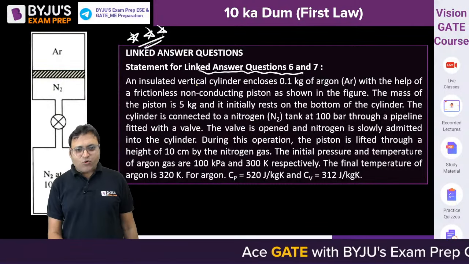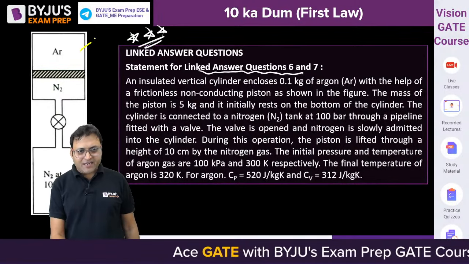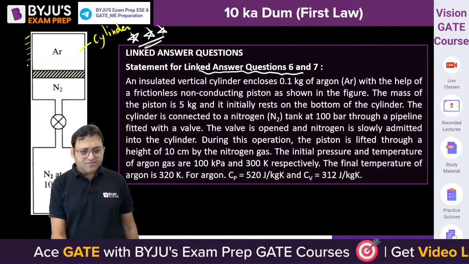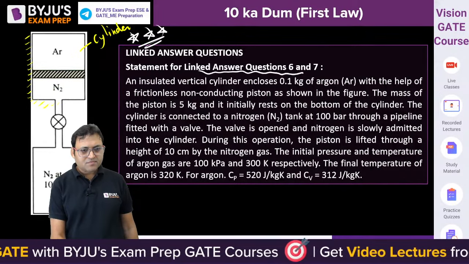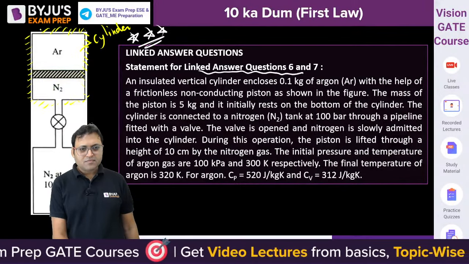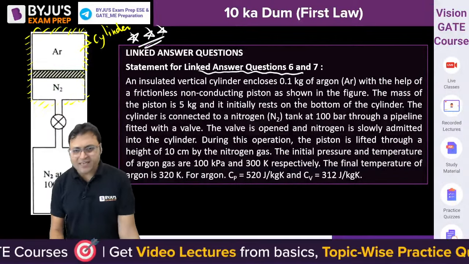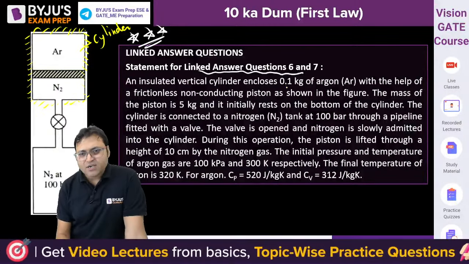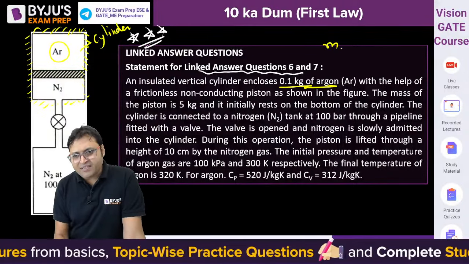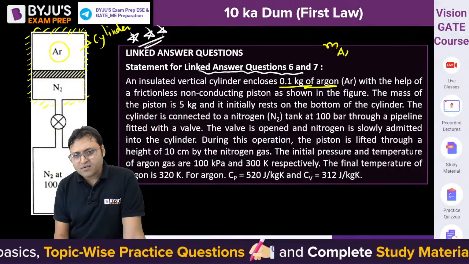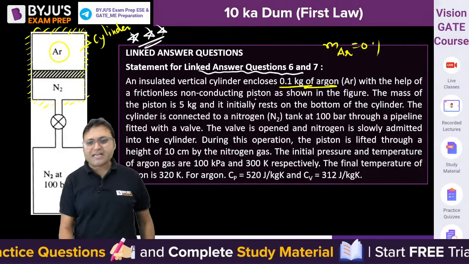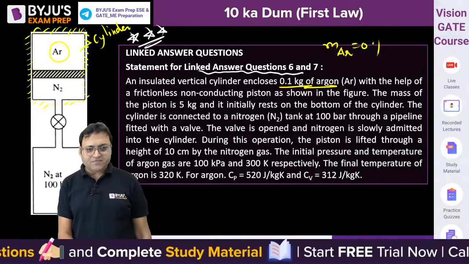An insulated vertical cylinder. This is the cylinder, and this is insulated. An insulated vertical cylinder encloses 0.1 kg of argon with the help of a frictionless non-conducting piston, as shown in the figure. This is the piston.